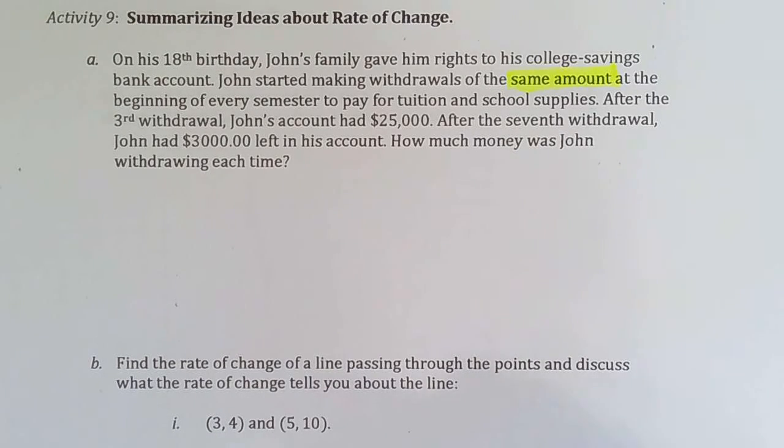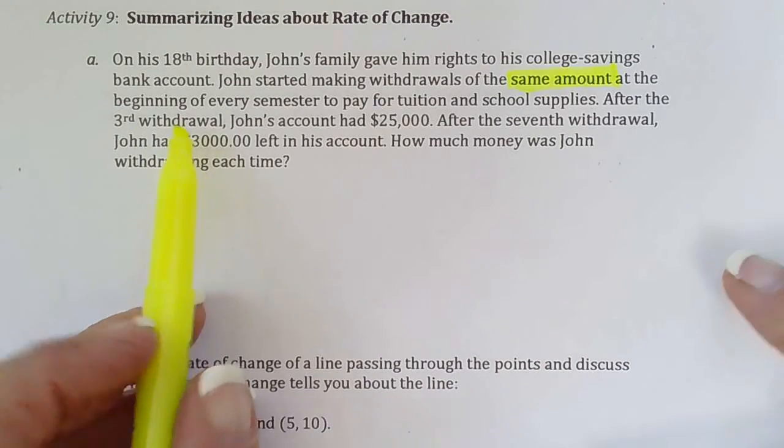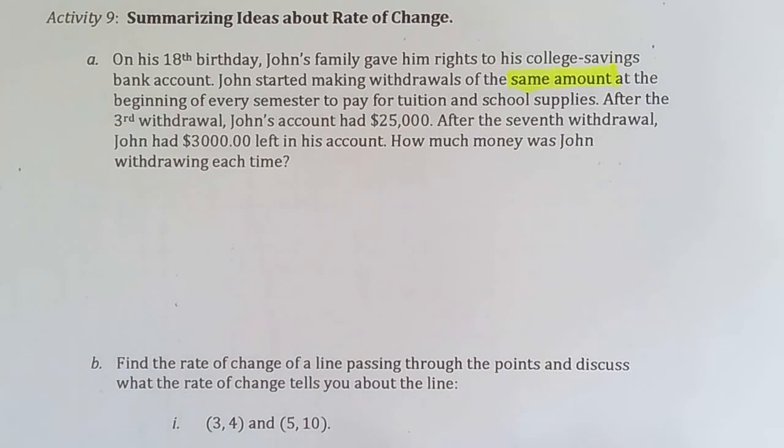So after the third withdrawal, John's account had $25,000. The minute I see this problem is rate of change, my head says I need 2 points.